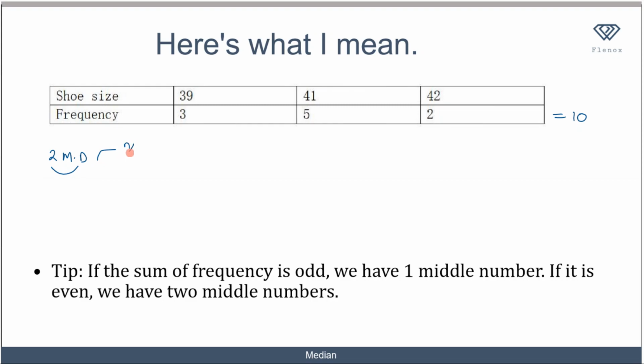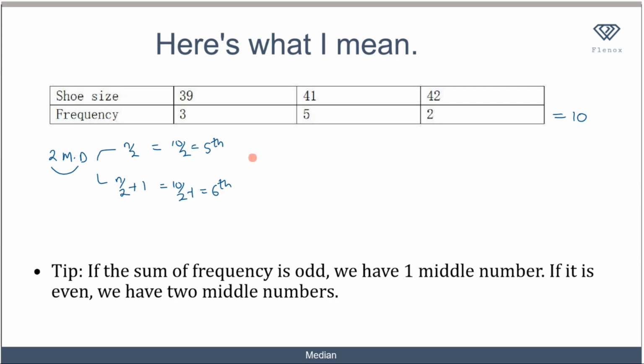They are going to be n over 2 and n over 2 plus 1. In this case, it's 10 over 2, which is the fifth number, and 10 over 2 plus 1, which is the sixth number. So I know that the fifth and the sixth numbers will represent my middle numbers. So how do I find those numbers?